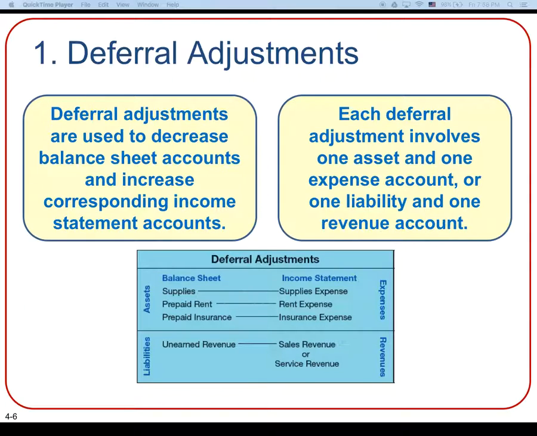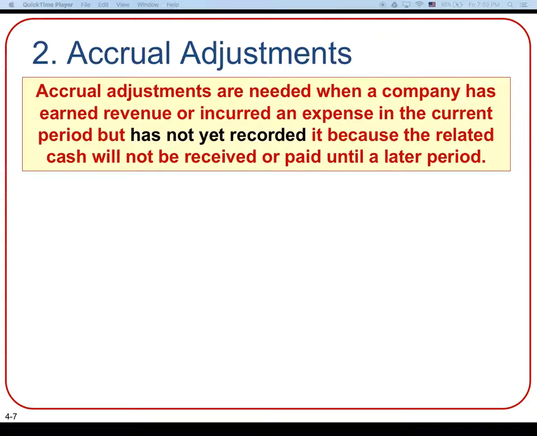Prepaid rent, we used this example already. When you prepaid, it's an asset, so when you use up the rent, then it becomes rent expense. Same way as prepaid insurance, right? Prepaid insurance is your balance sheet asset, and then when a month passes by, it becomes insurance expense.